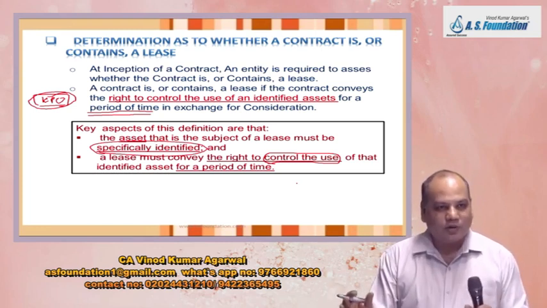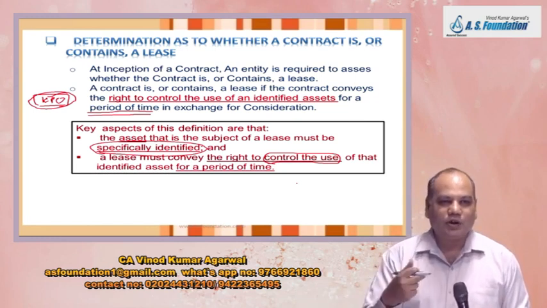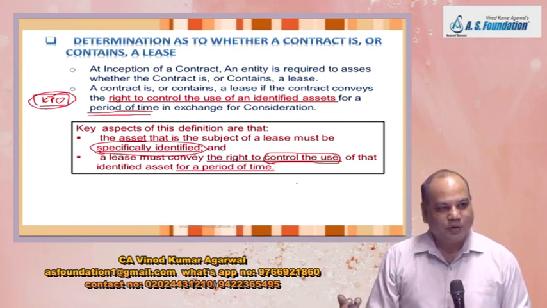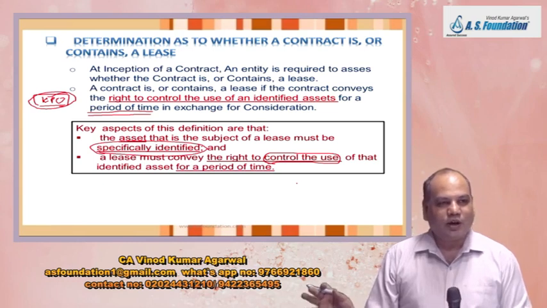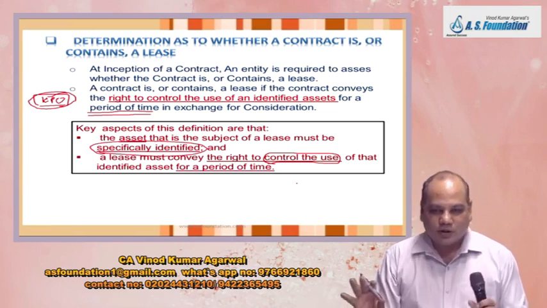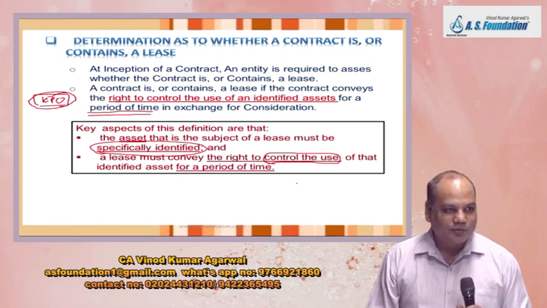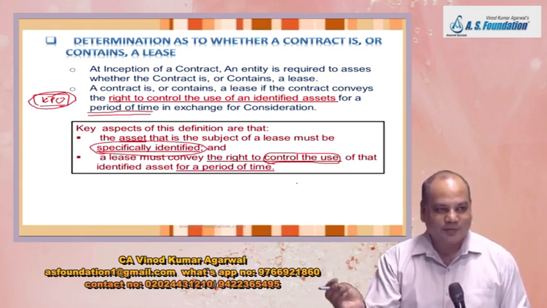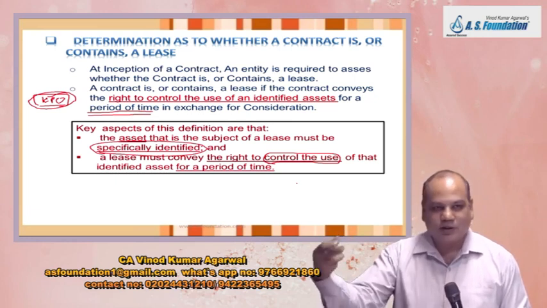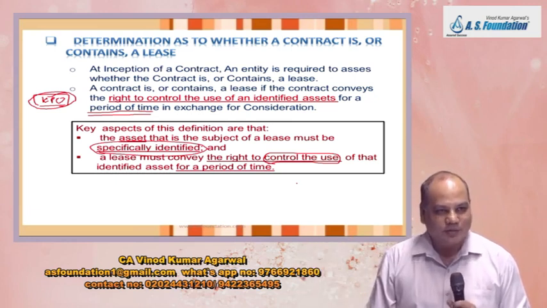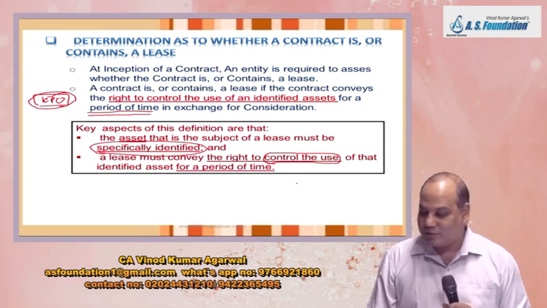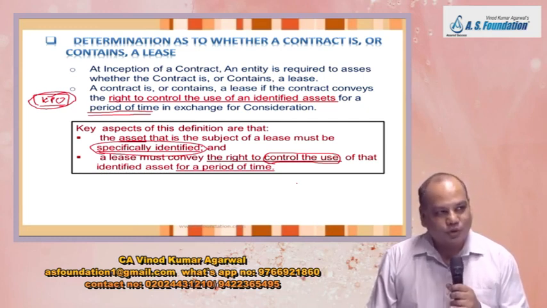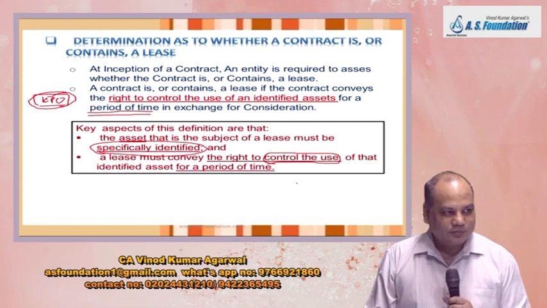If you are given a car on lease, they will say you will only drive in the state of Maharashtra. Okay. In your car, you will not carry explosive guns and bombs. These are the basic restrictions they can impose. But otherwise, most of the economic benefit that will be derived from the asset is transferred to the other party. Then you have given the right to control the use of the asset.